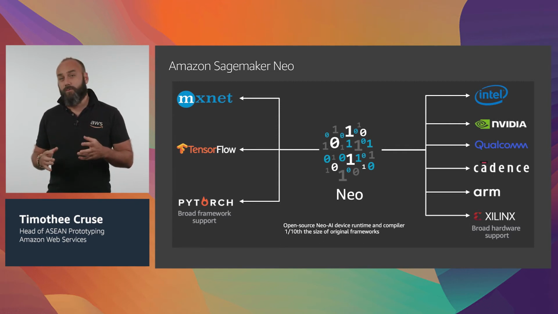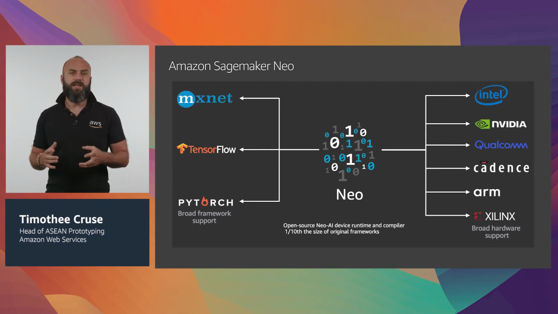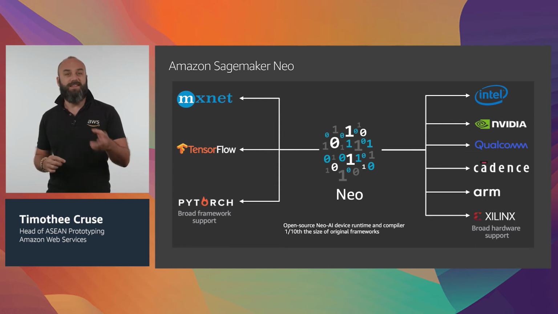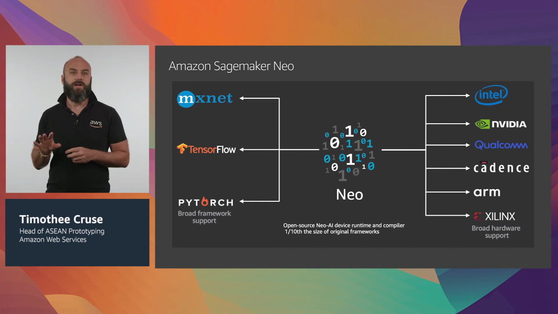Neo will reduce the footprint of your model. Second, by leveraging SageMaker Neo, you can simply compile your model to leverage your device's hardware acceleration capabilities without having to worry about the complex custom hardware libraries and SDKs required to leverage those specificities. Your models will gain on speed of execution at the edge. From a high level, these tools help optimize and plan your model training for the edge.